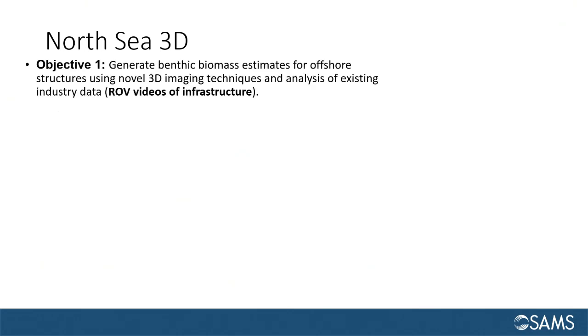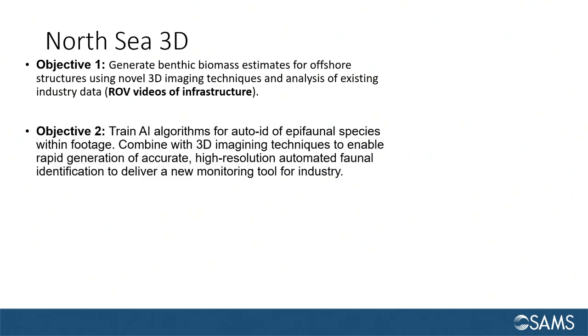Our deliverables: first, generate benthic biomass estimates for offshore structures using novel 3D imaging techniques, analysing existing industry data. Objective 2 is to train AI algorithms for auto-ID of epifaunal species within footage and combine this with 3D imaging techniques to enable rapid generation of high-resolution faunal models for industry.